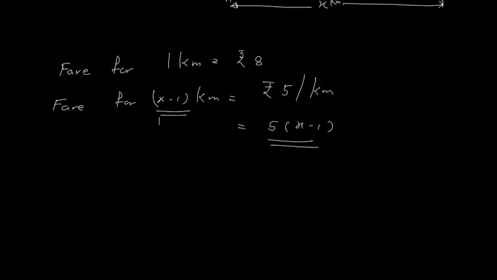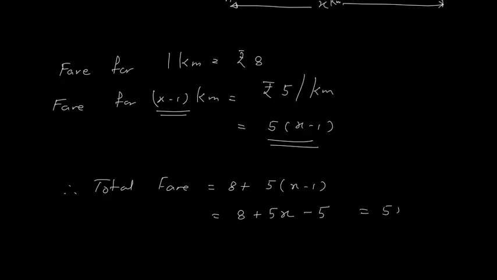Therefore total fare is equal to, for first kilometer it is rupees 8, and for the rest it is 5 into x minus 1. So this gives you 8 plus 5x minus 5, which is 5x plus 3.